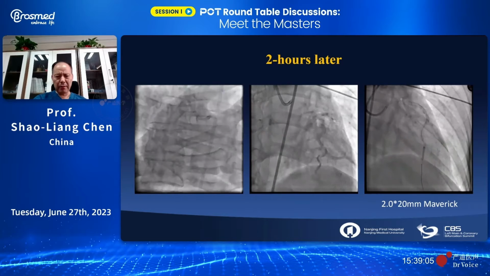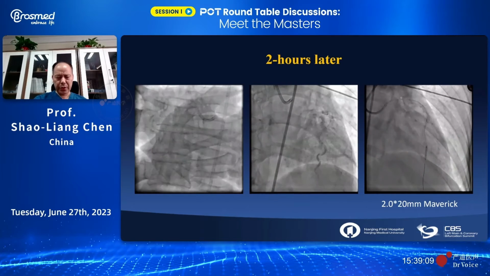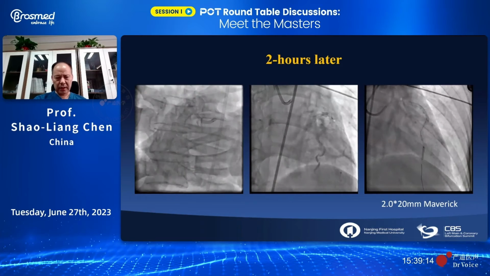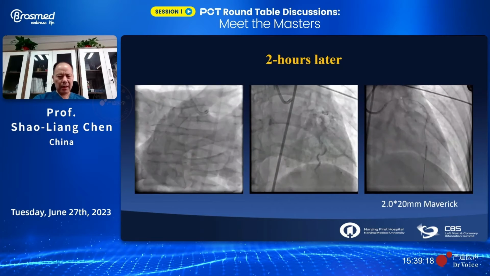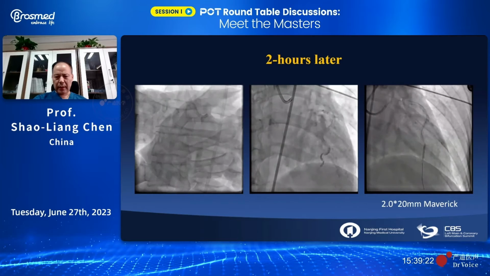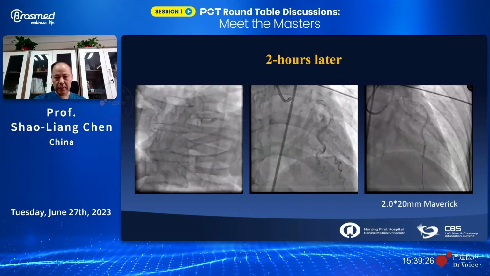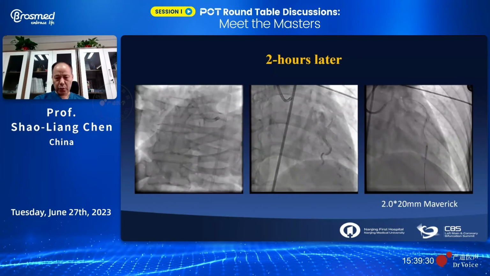From angiography, the suspicion is that there were two dissections, one proximal to the stent and another distal to the stent. On the right panel, you can see my colleague tried to reach the distal LAD, but without the guidance of intravascular imaging, nobody can be sure if the wire is in the true lumen.